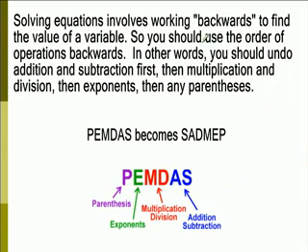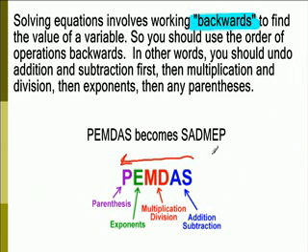Now, solving equations involves working backwards, and we've talked about this many times. To find the value of a variable, you should use the order of operations backwards. So what we're going to be talking about today is doing this PEMDAS instead of left to right, right to left.